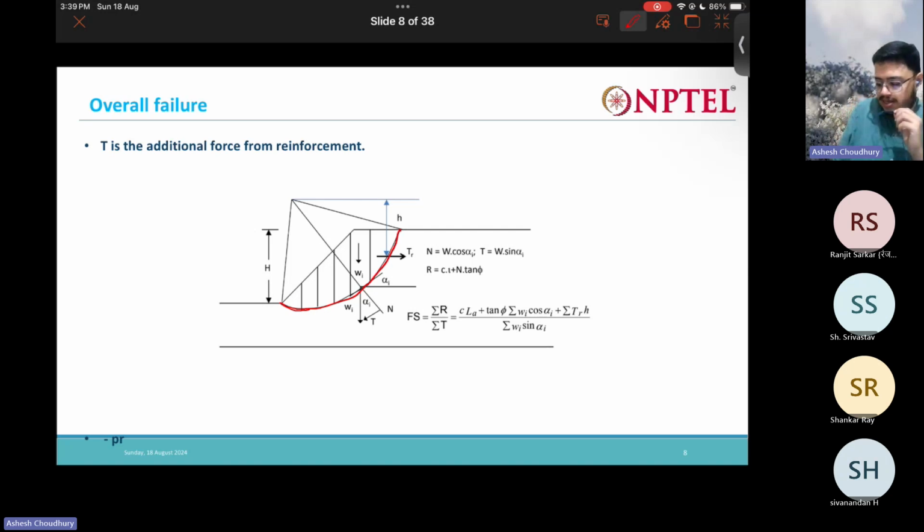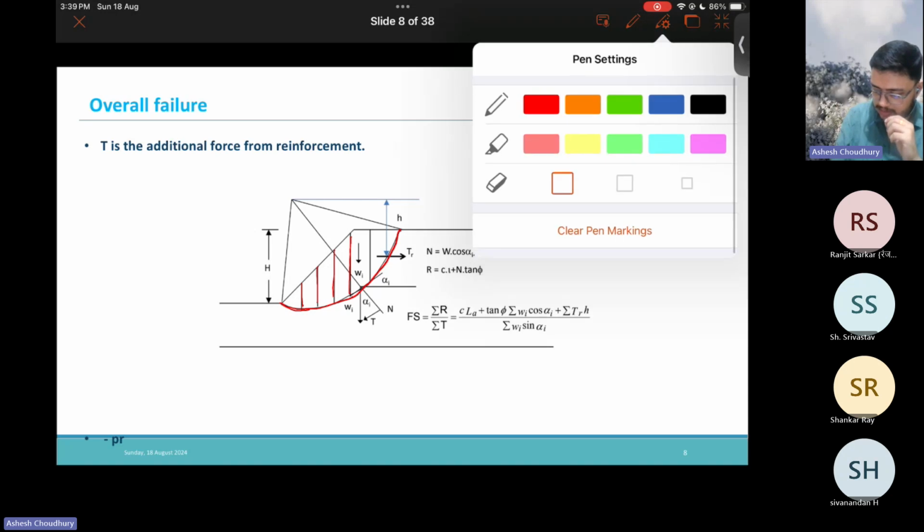Then you divide the slip circle into several wedges. This is one wedge. Let me draw it a little bit nicely.